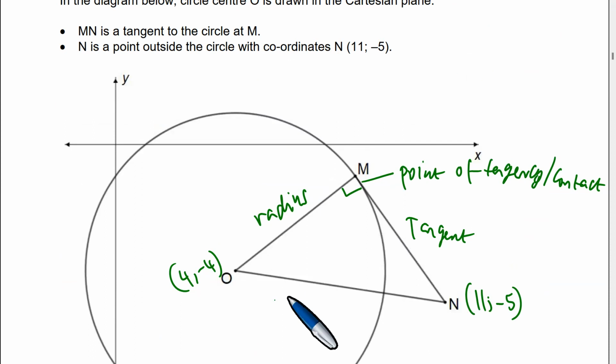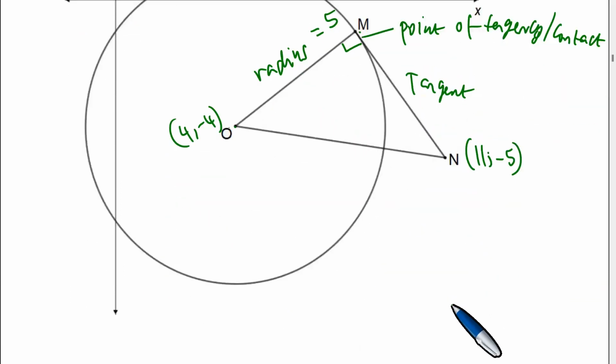And we just need the length of OM. We also got the radius. What is the radius of this circle? We found it to be 5 units, which is the distance from the center to the circumference of the circle. We must just find the length of ON. What is the length of ON? We can use the distance formula for that one.